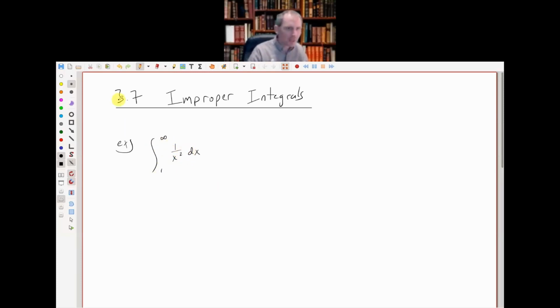And if I look at that on a graph, here's the graph of y equals 1 over x squared. The integral from 1 to infinity is just going to say, start here at 1 and find all of this area going on forever.